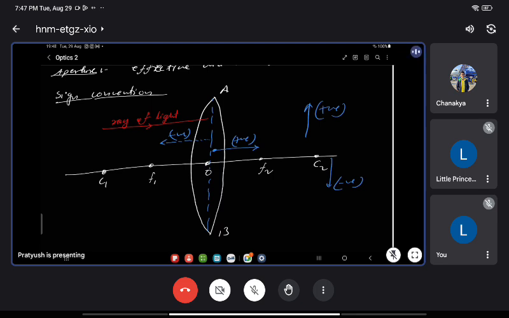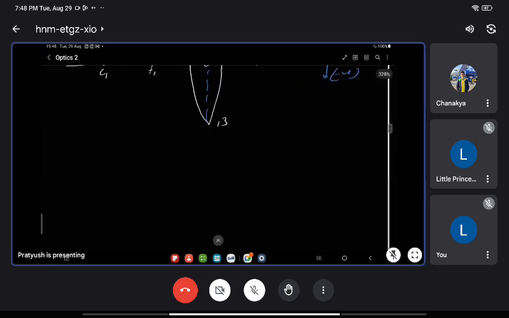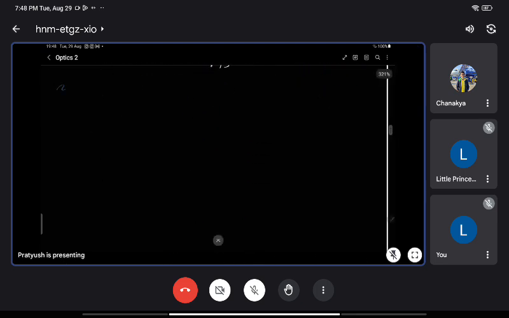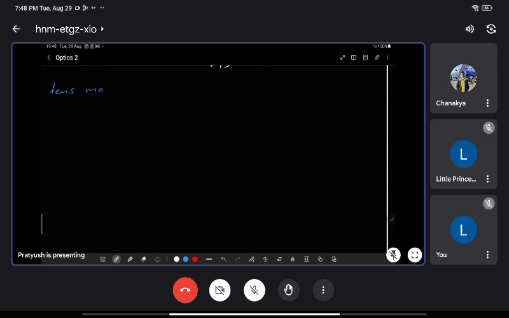After sign convention now, write down the heading lens maker's formula.